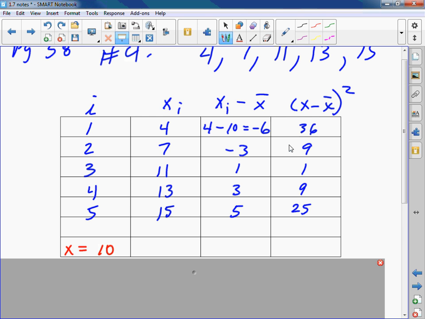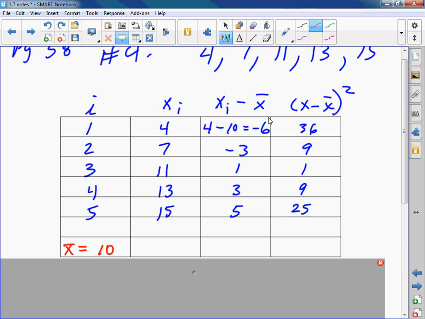Okay? And again, you don't have to use the tables, but it helps you stay organized, at least at first, because remember, I want you to be able to do this longhand. Sarah asked about the column: x sub i minus the mean, x bar, and I should have said x bar down here is 10. So I took 4 minus 10 and I got negative 6, and I took 7 minus 10 and I got negative 3.